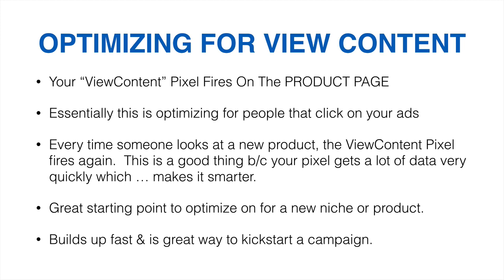Now, of course, the second tier, a level up, would be optimizing your ads for the add to cart event. This is where you're telling Facebook, when you start writing an ad, hey Facebook, show my ad to people that are more likely to go through, not just looking at the product, but add the product to a cart.